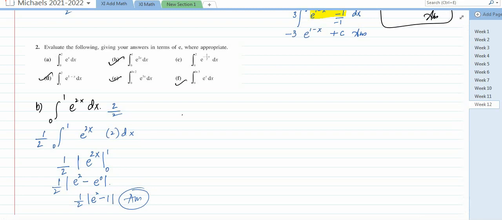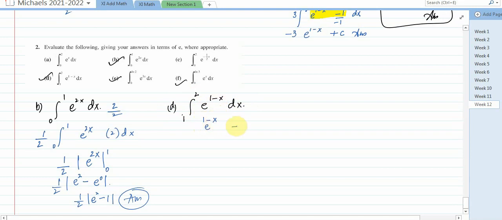After part B, let's start with part D. No need to write down the solution right now, I will give you the time for that. So now it's integral from 1 to 2 e to the power 1 minus x dx, right? The derivative of the power is minus 1, so I'll say e to the power 1 minus x times minus 1 dx, integral from 1 to 2.